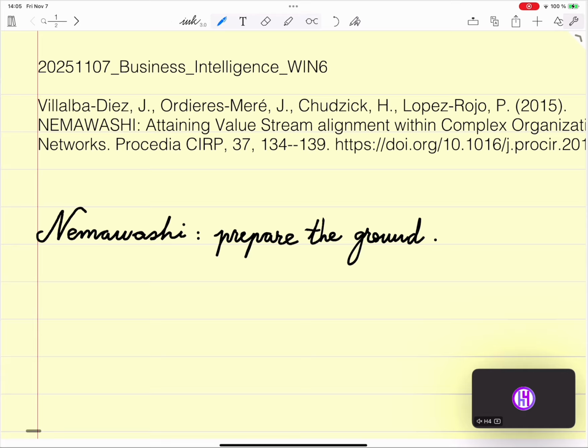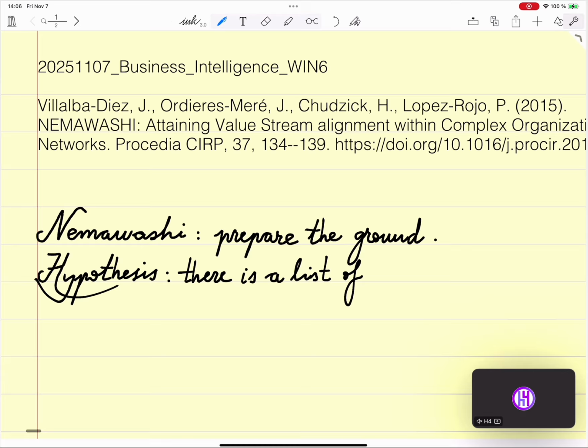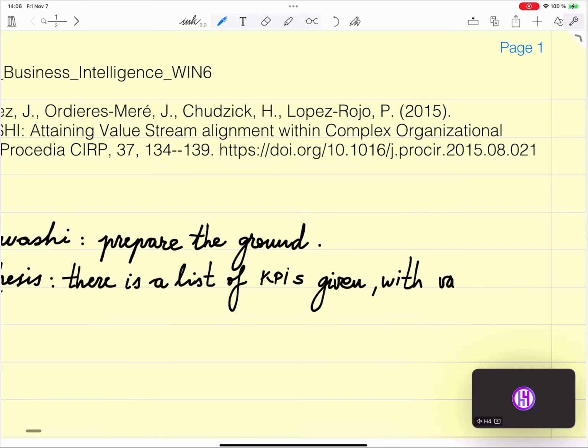The hypothesis is that there is a list of KPIs, those are key performance indicators, given with values at different time points.